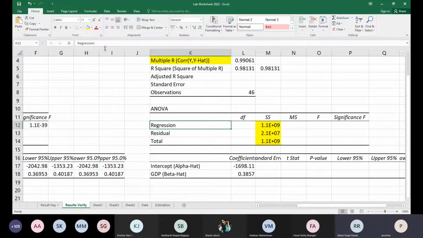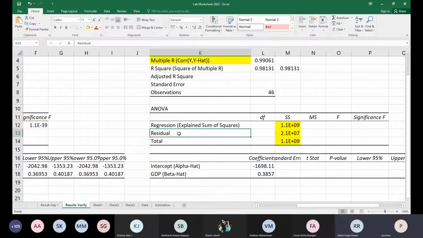So regression means, I told you the other day, it is basically explained sum of squares. Residual means basically residual sum of squares.